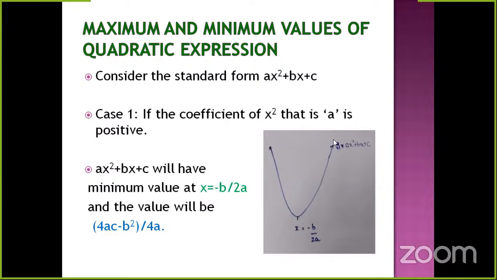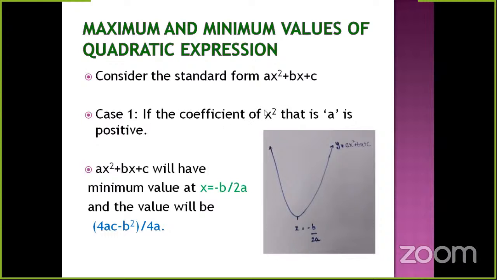Its value is rising to infinity. So the maximum value of this quadratic expression is infinity. So when a is positive, that is, the coefficient of x square is positive, the quadratic expression will have only a minimum value, that is at x is equal to minus b by 2a.